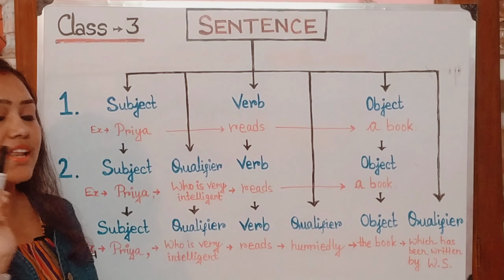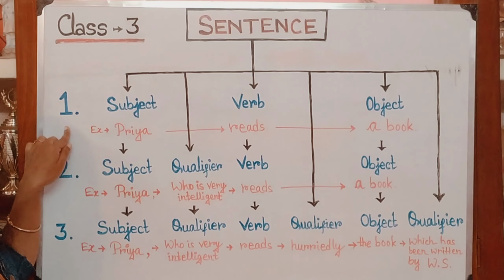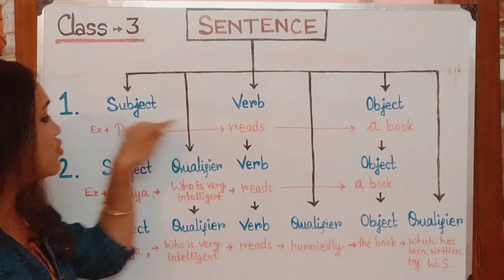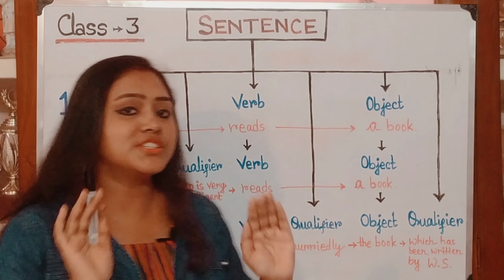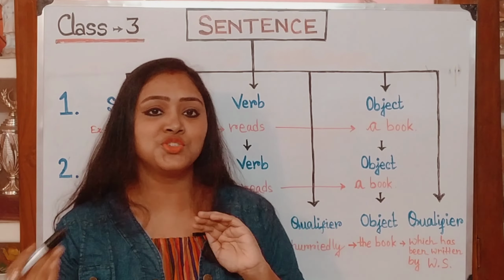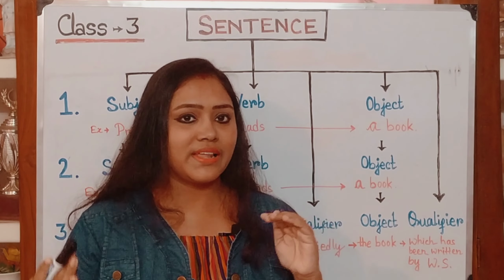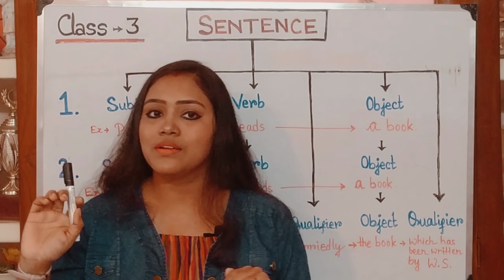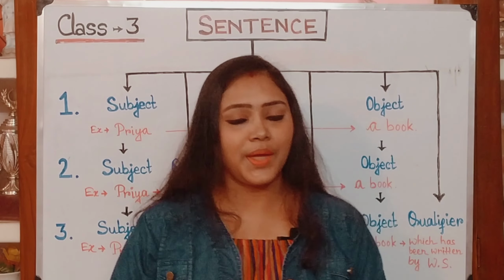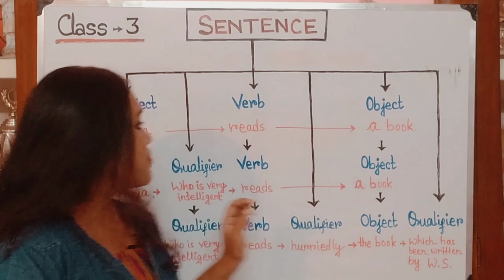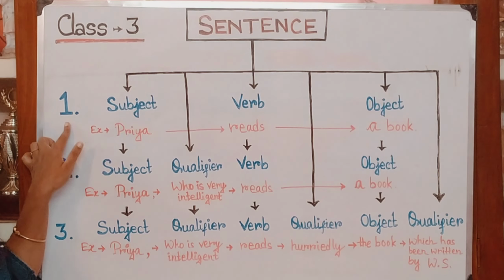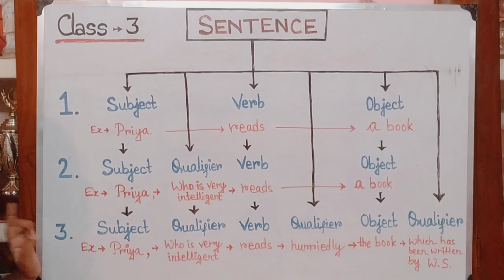Let me tell you first. Number 1, subject, verb and object, is for my junior students. They will get help from number 1 only.